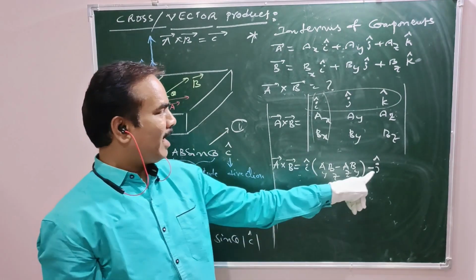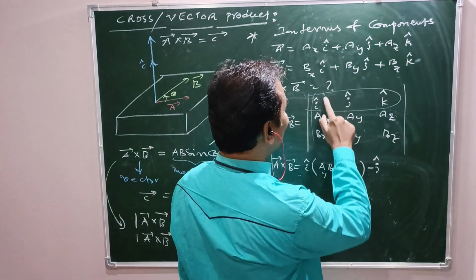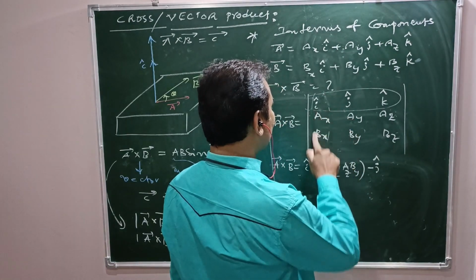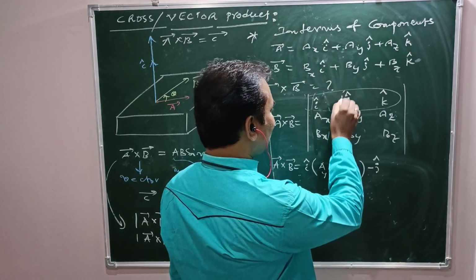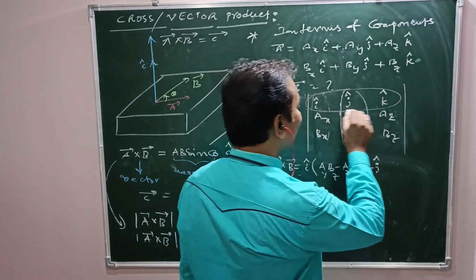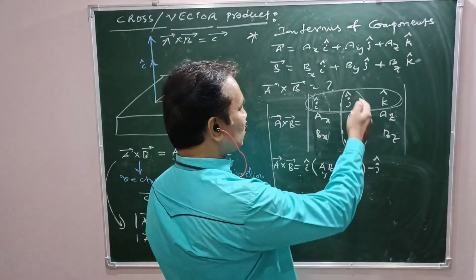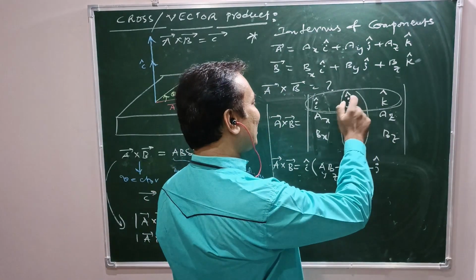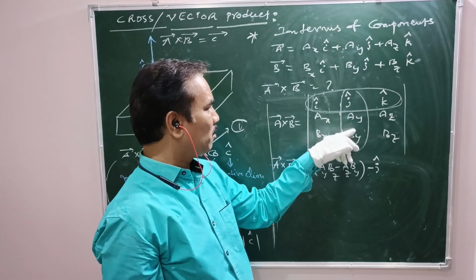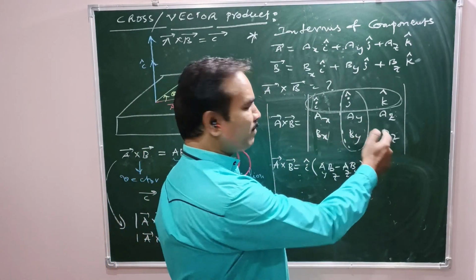That's minus J cap. Minus J cap means J cap is somewhere here. Now exclude the concerned row and column. Exclude the row and column containing or connecting J cap. So this is the row and this is the column connecting J cap. Now exclude these two, row and column. We are left with AX, AZ, BX, BZ.